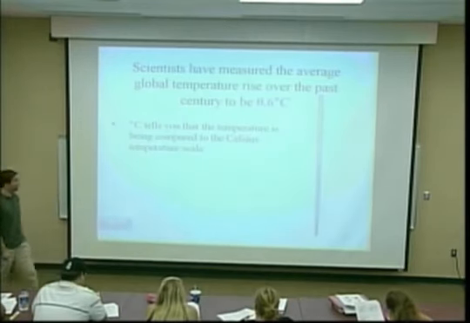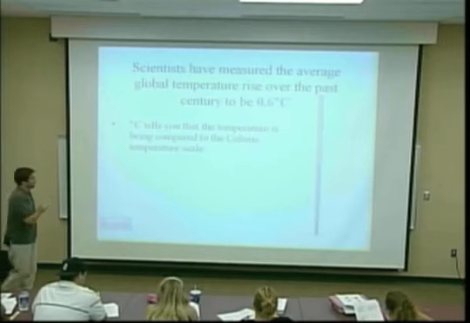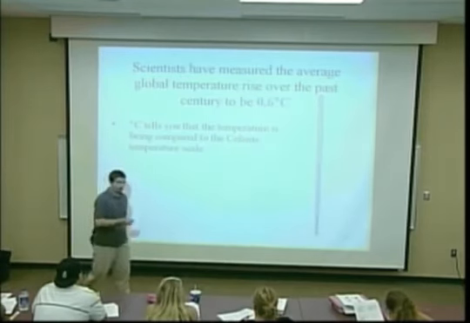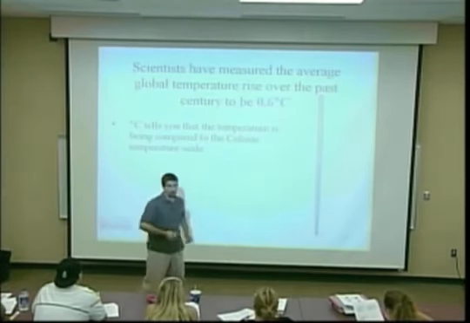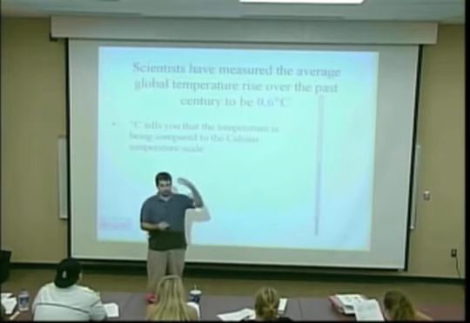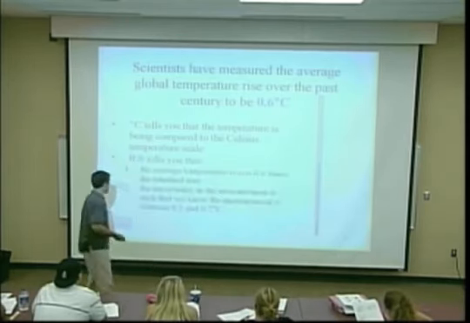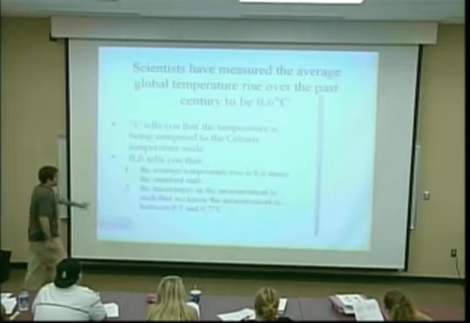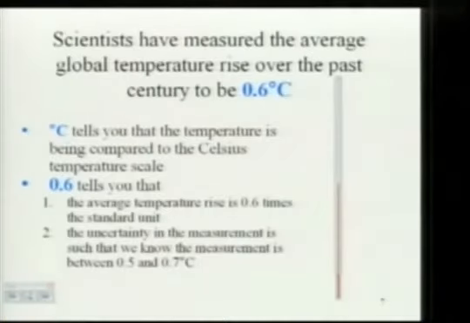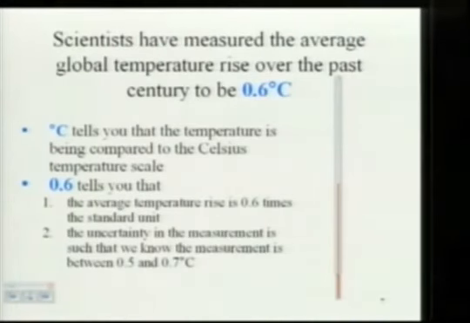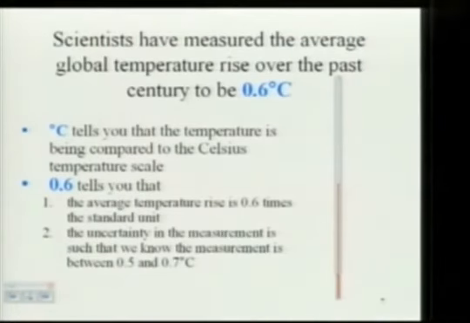Okay? All right, so that number, the degree Celsius, tells us that's the standard. So 0.6 means it's risen 0.6 of a degree Celsius, which is what our standard is. Okay, that's easy, you know that. But what does this mean? Well, look, all that we can say for certain is that this measurement is somewhere between 0.5 and 0.7. We don't know where they rounded.